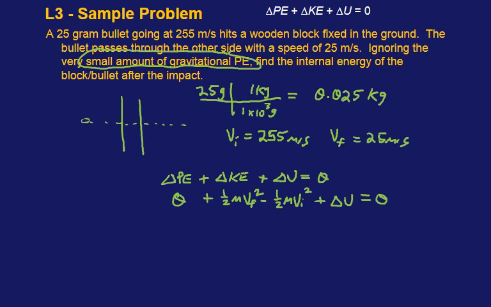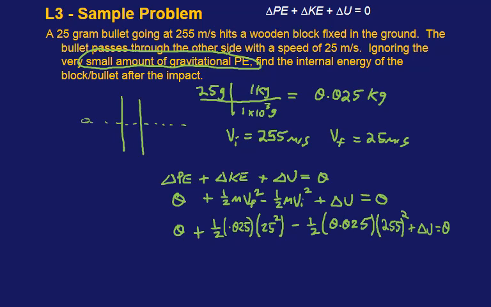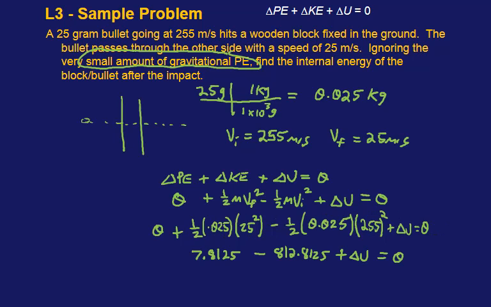So when we set this up, there's a small amount of gravitational potential energy change, negligible, so we can leave that at 0, and then we have our kinetic energy changing and relating to the change in internal energy. And so we've got the difference there, and we'll end up getting an internal energy increase of 805 joules. So that would be the increase in the internal energy of the block as well as the bullet itself, considering all of the internal energy increase of both of them.